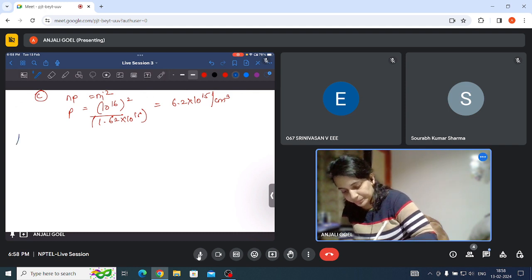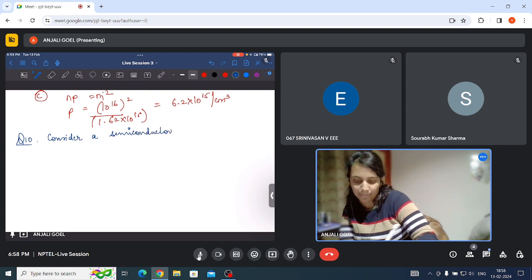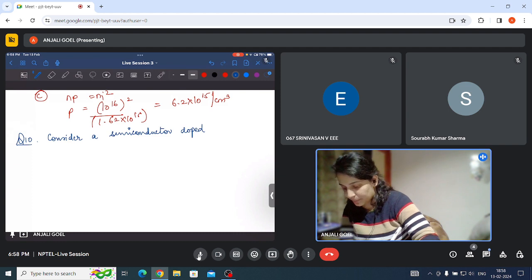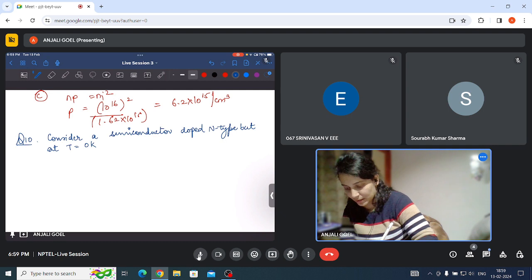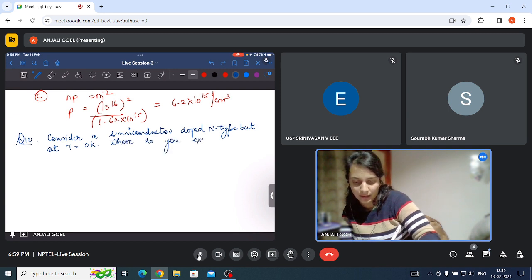So consider a semiconductor doped N type but at temperature equal to 0 Kelvin, where do you expect the Fermi level to be?